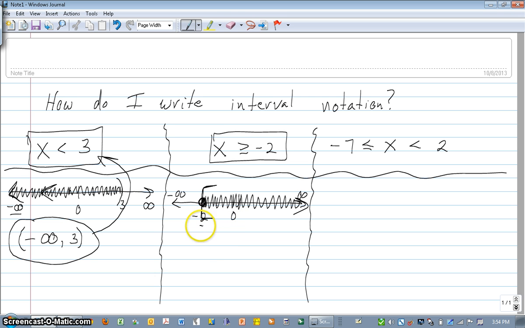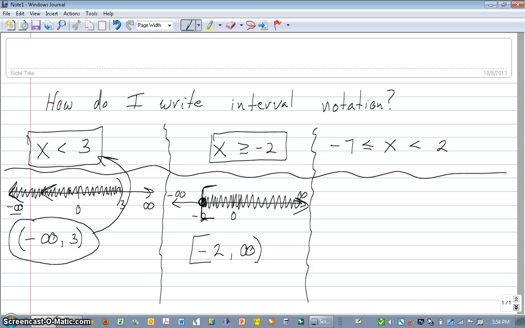The leftmost piece of our graph is at -2, so in our interval notation we have to use a bracket. And we go all the way to the right, and the rightmost number is positive infinity. Infinities or negative infinities always get a parenthesis.